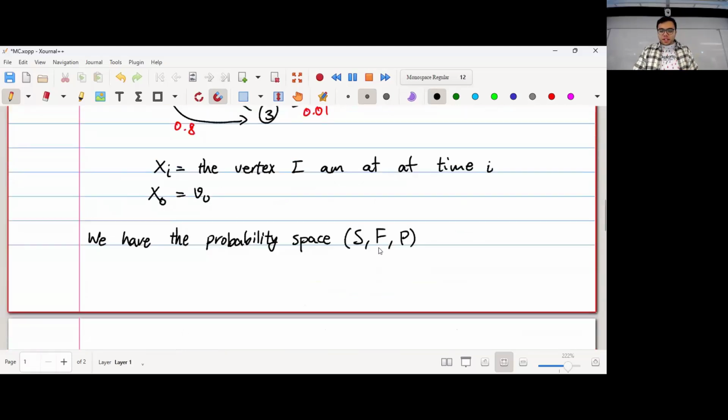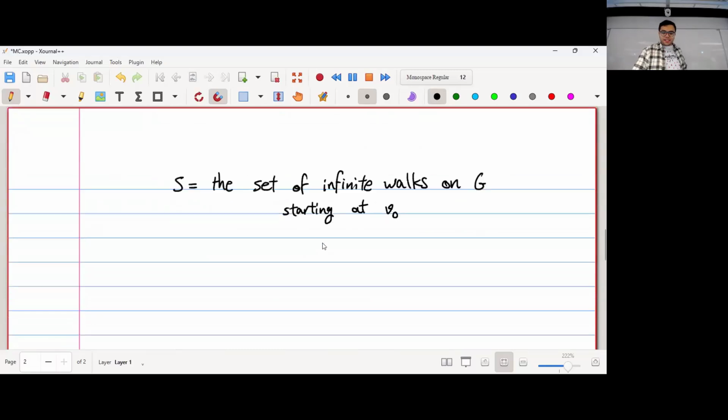Okay, what is my set F? What are my events? So you see, I have an infinite set here, the set of infinite walks on G. Is this set countable? No. So just consider a graph that has two vertices, 0 and 1, and paths that can go from 0 to 1 or can stay in the same place.